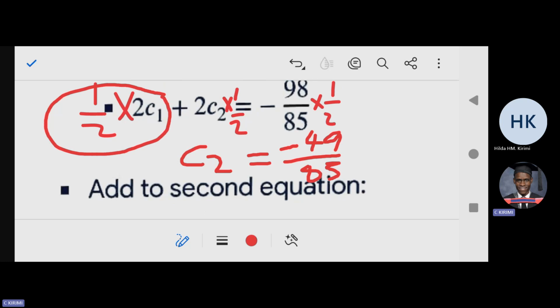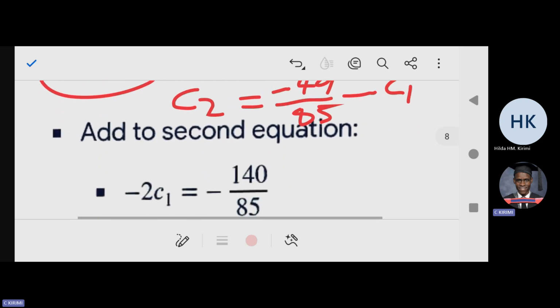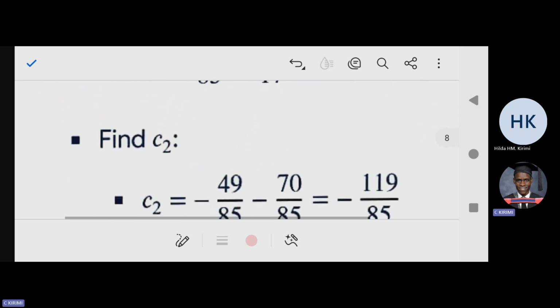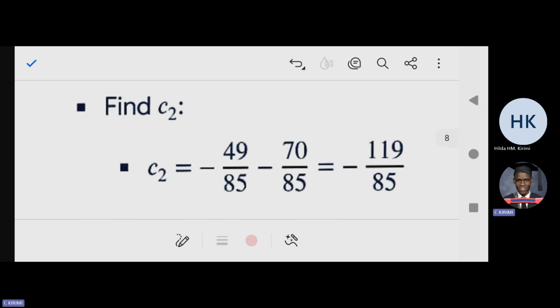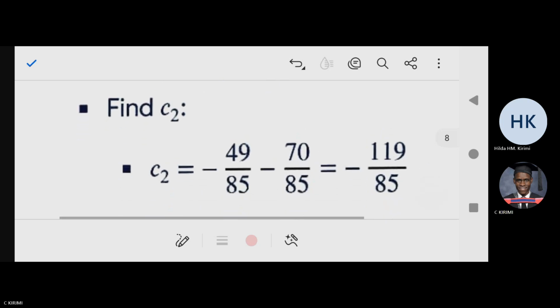Half of 2C1 comes to the right, becomes minus what? C1. Then we solve it. C1, we know it's 14 over 17, so we subtract 70 over 85. That was C1.